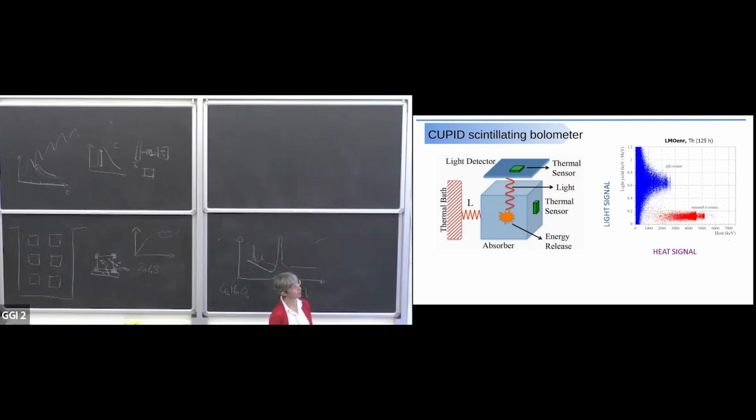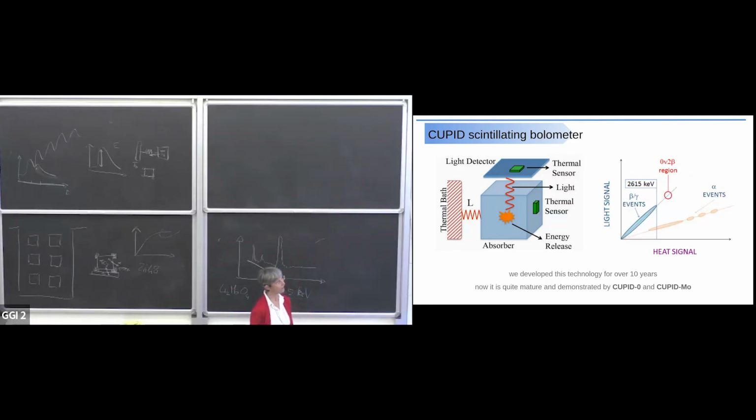And then keep in mind, this is not an absolute calibration of the light yield. This is just the amplitude of the signal that we record. So this is really the light signal and the heat signal.